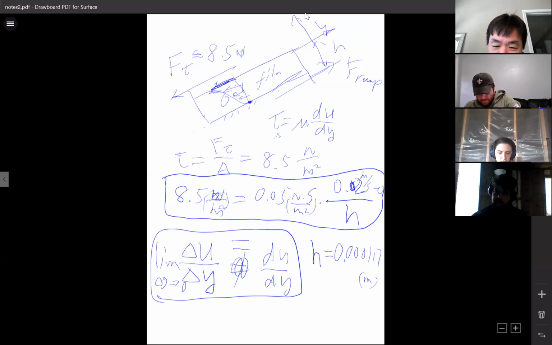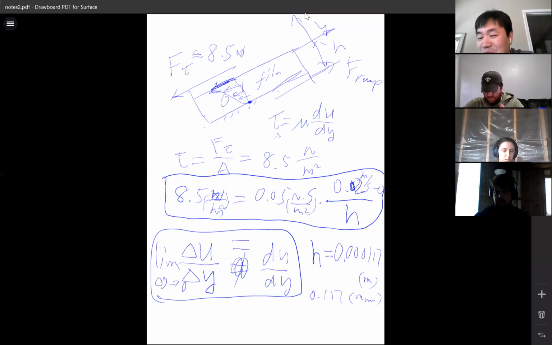If you talk about small units, we use millimeters, right? 0.117 millimeter. Yeah, that's a reasonable number. It has to be really thin. Is this comparable to the diameter of your hair? I think it's about the thickness of one human hair.